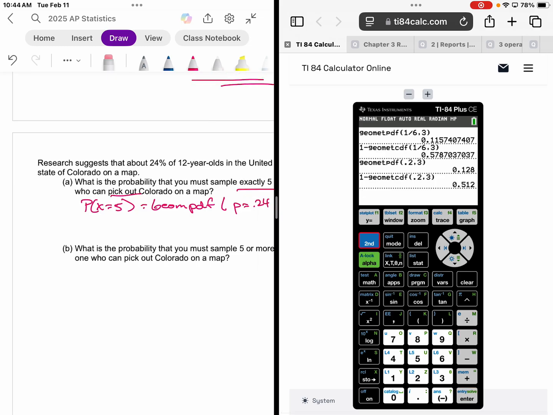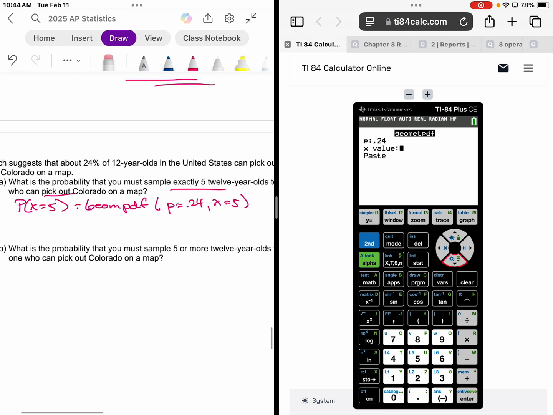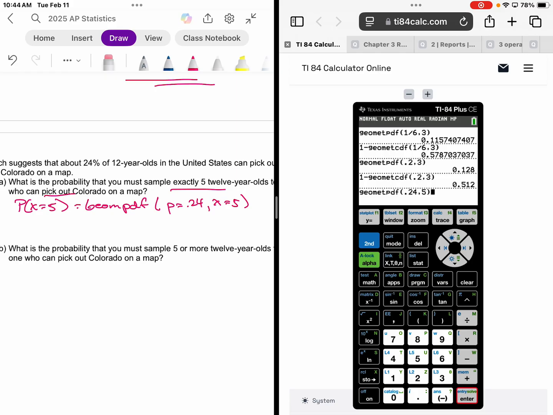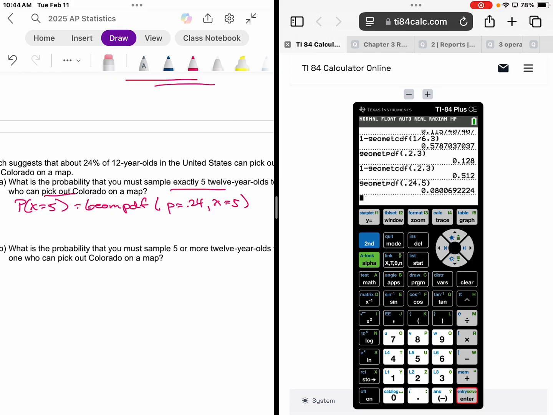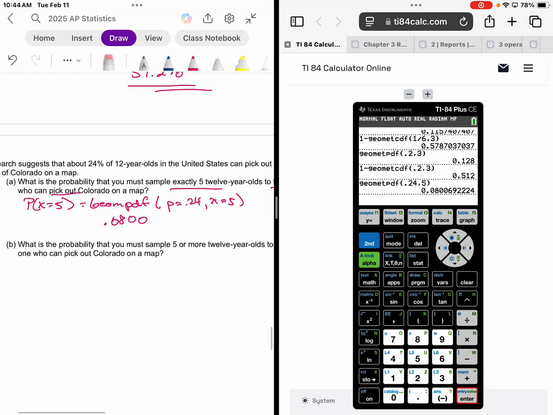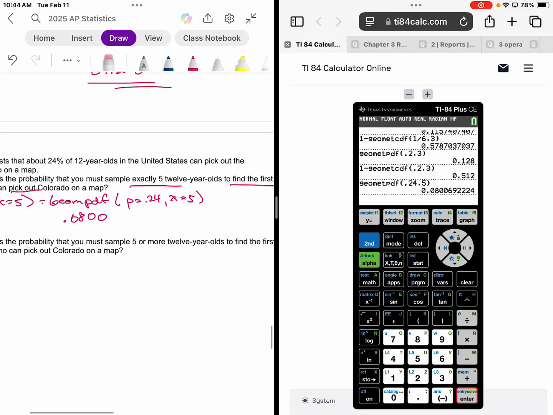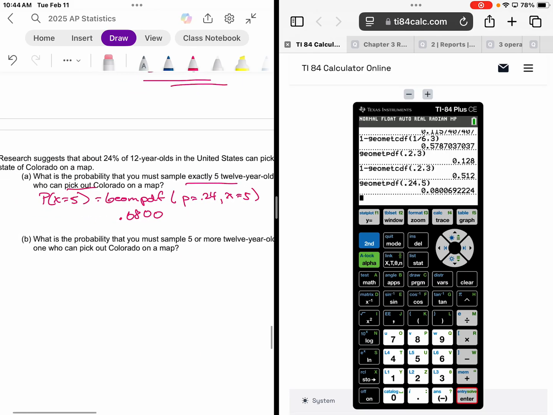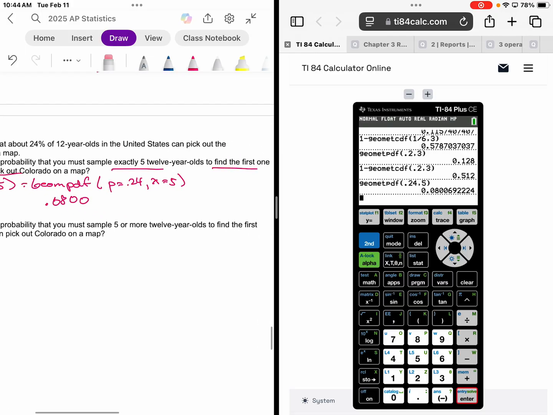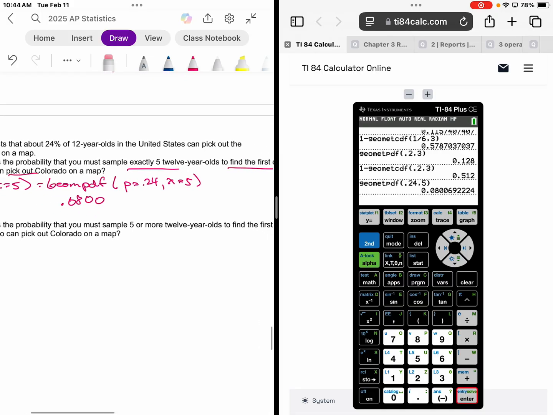So second vars, geometric PDF, 0.24 and 5. And we get 0.0800. So there's an 8% chance that we would find it at the fifth student.